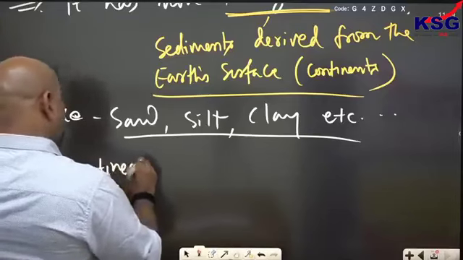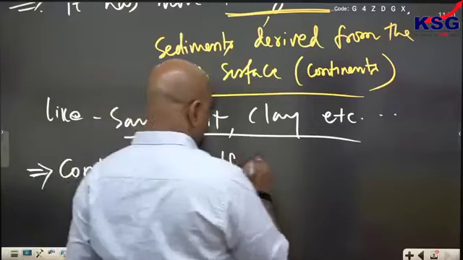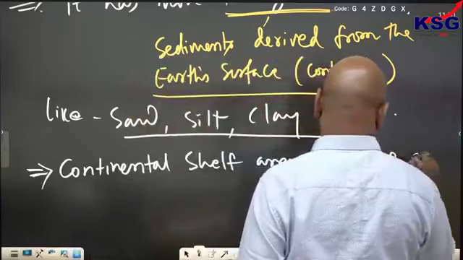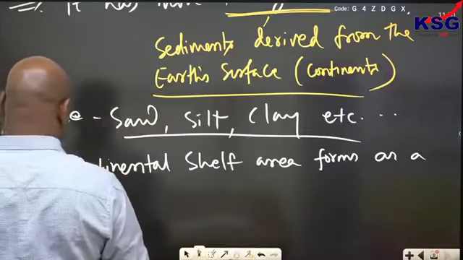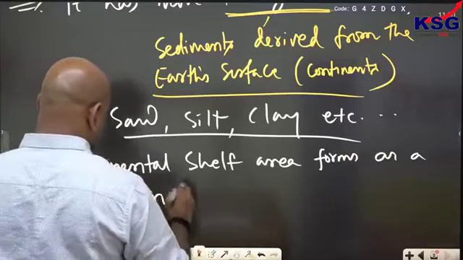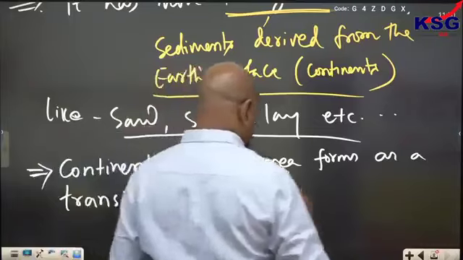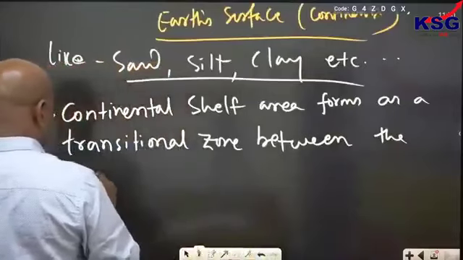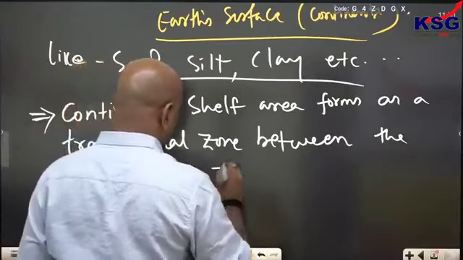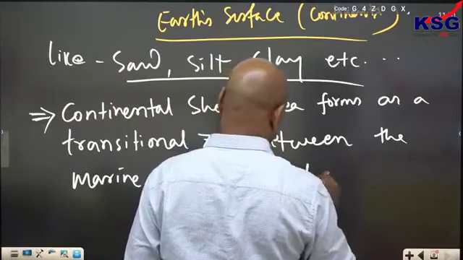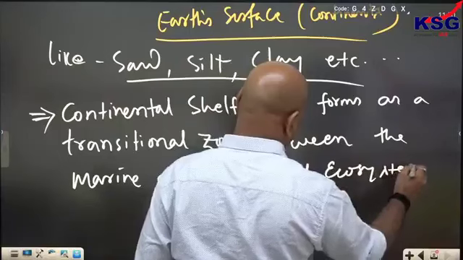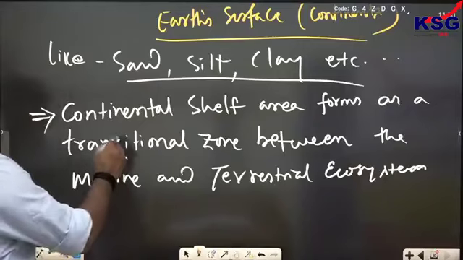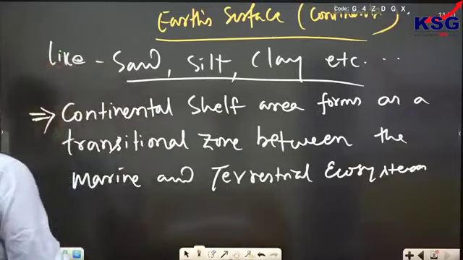The continental shelf area forms a transitional zone between the marine and terrestrial ecosystem.